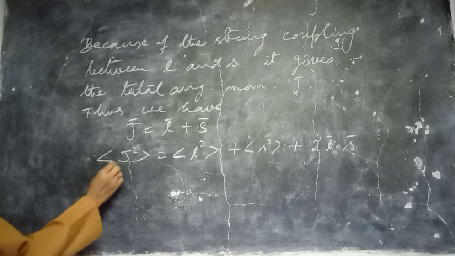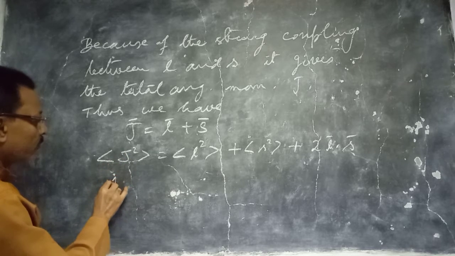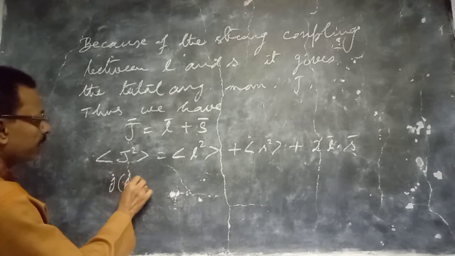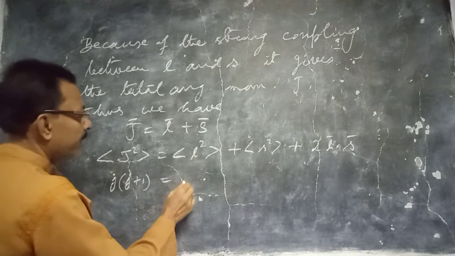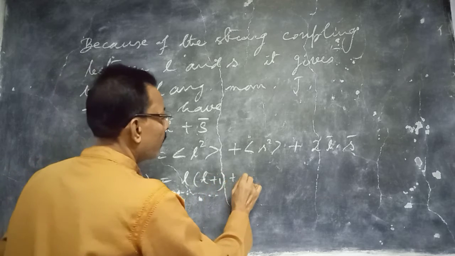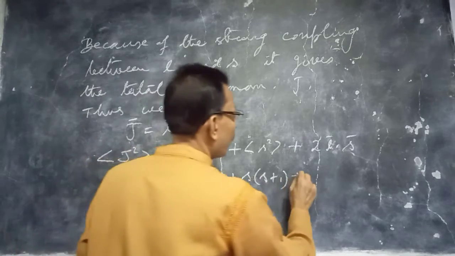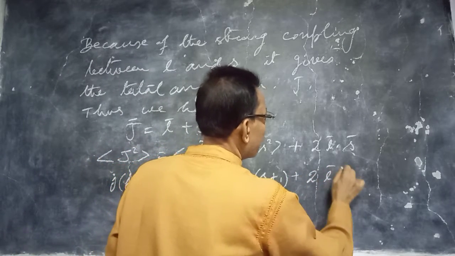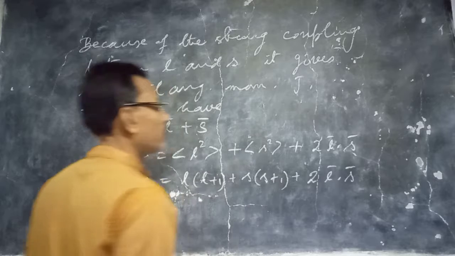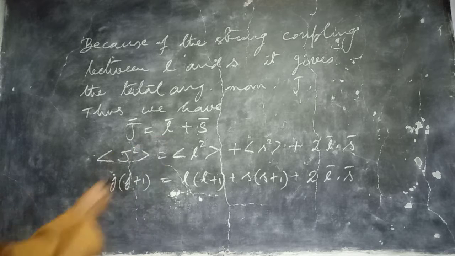The eigenvalue of J squared is J(J+1), which equals L(L+1) plus S(S+1) plus twice L·S.